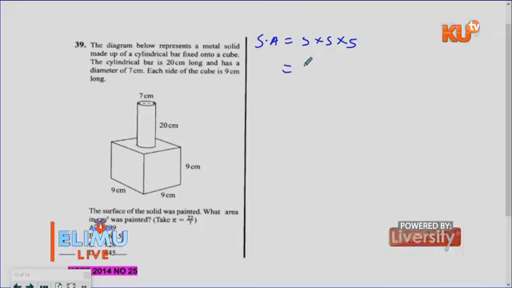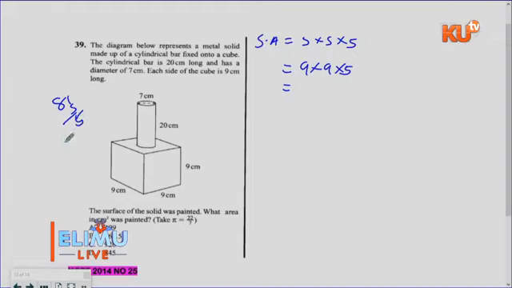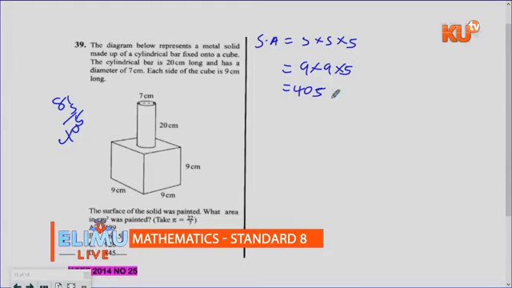So the side here is 9 times 9 times 5. We have 81 times 5, so 405. So 405 is now the 5 sides excluding the top part.